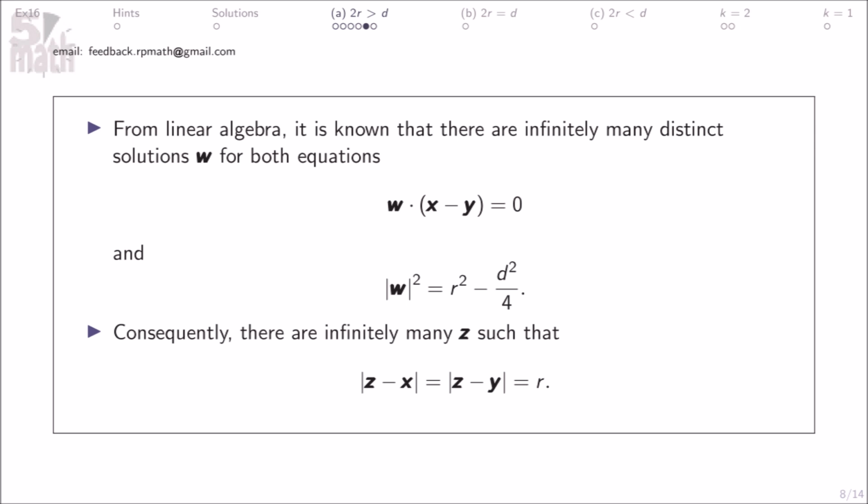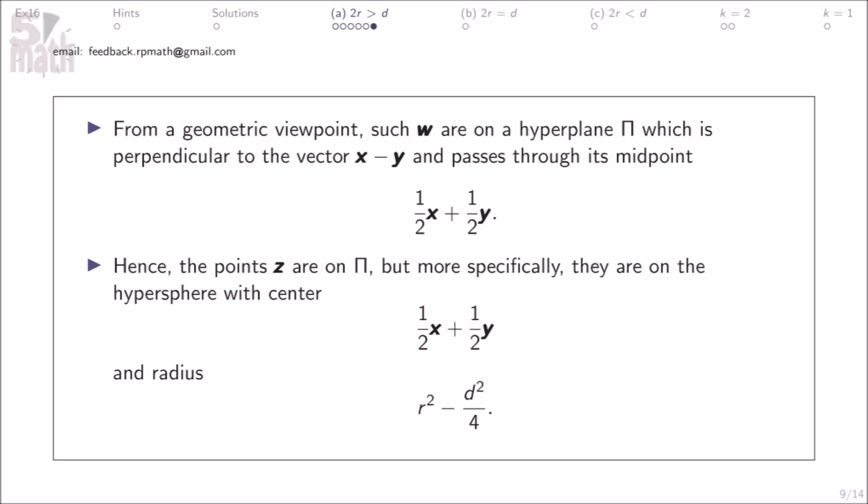Consequently, there are infinitely many z such that |z − x| = |z − y| = R. From a geometric viewpoint, such w are on a hyperplane π, which is perpendicular to the vector x − y, and passes through its midpoint, x/2 + y/2. Hence, the points z are on π, but more specifically, they are on the hypersphere with center x/2 + y/2 and radius √(R² − d²/4).